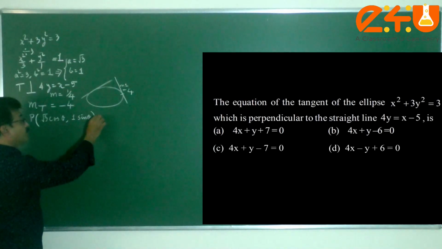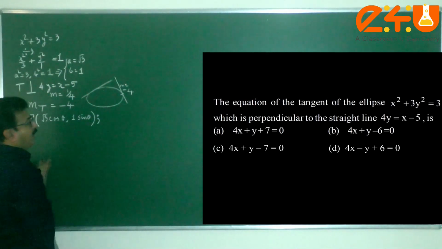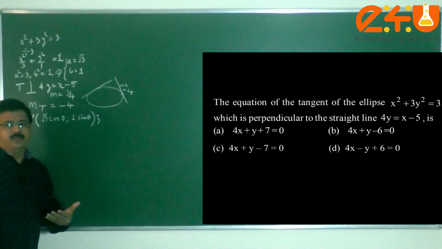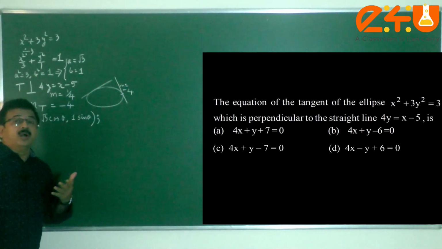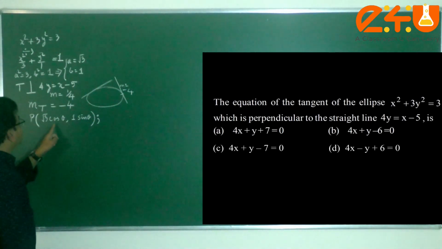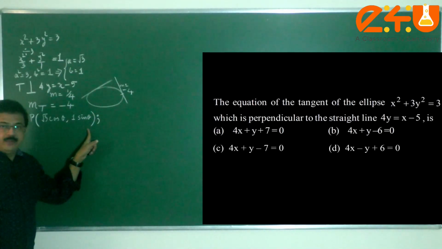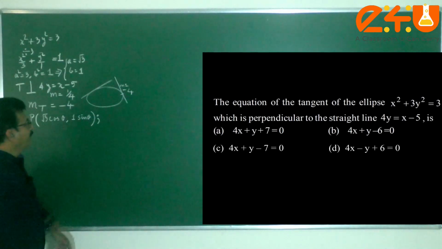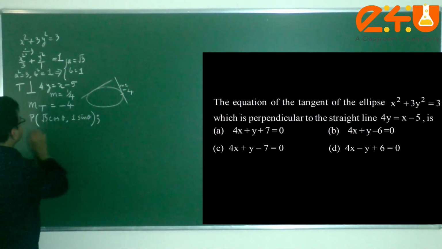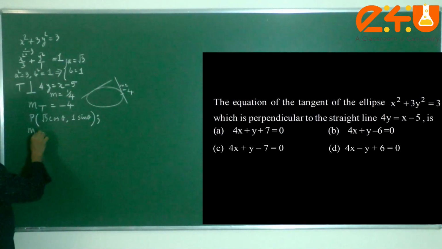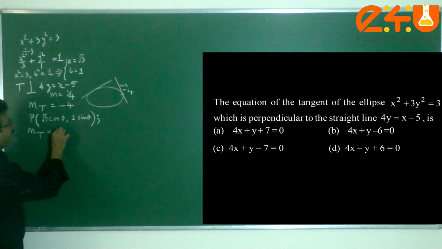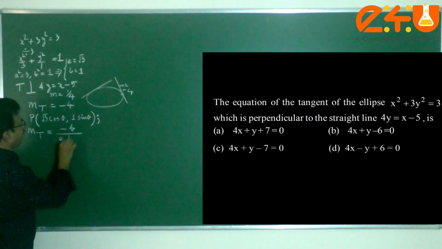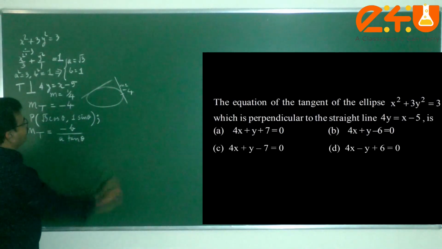We also know, as I have discussed during our JEE theory, the slope of the tangent in terms of the parameter theta. One session we have devoted to discussion of the parametric form, and we know the slope of tangent as negative b by a tan theta.